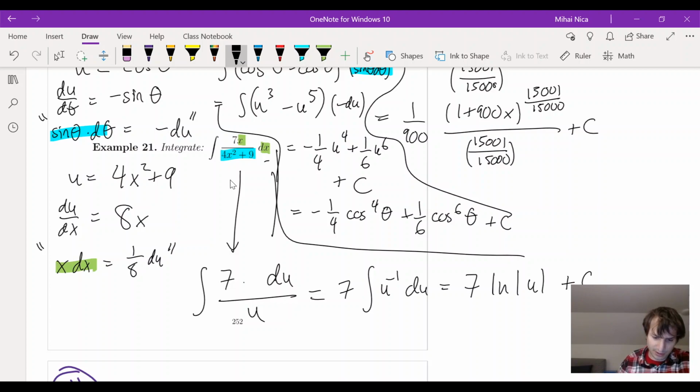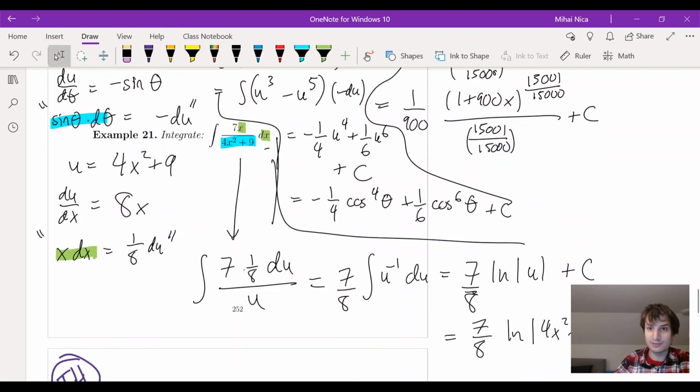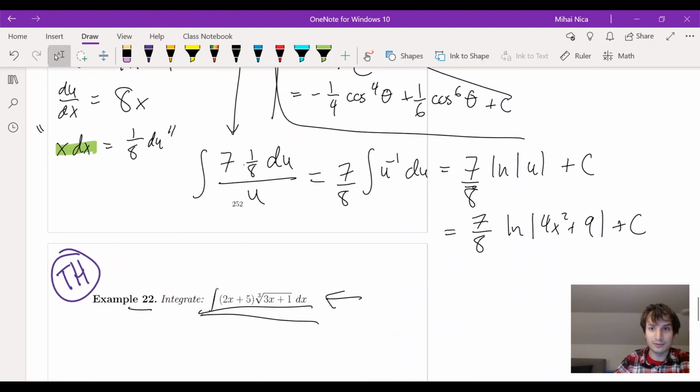That's the answer. Oh, I forgot the 1 over 8. x dx is not du. x dx is 1 over 8 du. So let's put that back in. 7/8. And this is 7/8 log of 4x squared plus 9, plus c. That's the final answer.